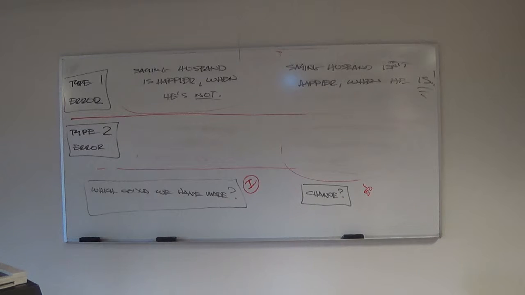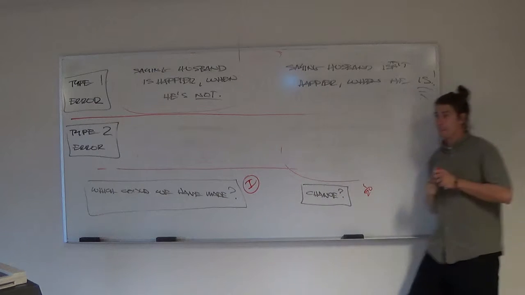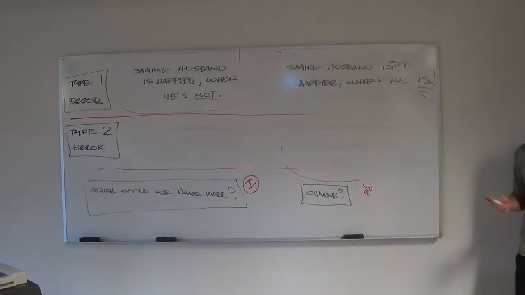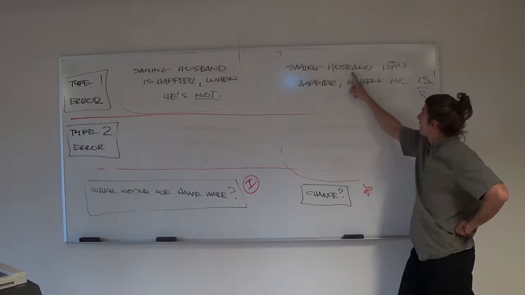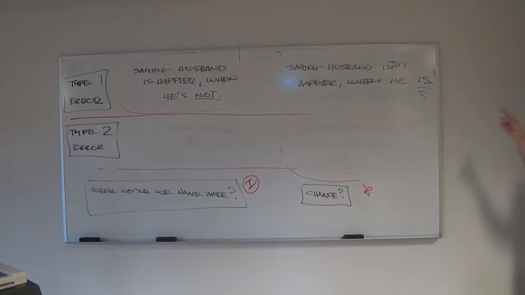Identify the type 1 error up there. Which of those two statements is the type 1 error? Why not this one? What did we say here? We said the husband isn't happier. That's a negative test result.